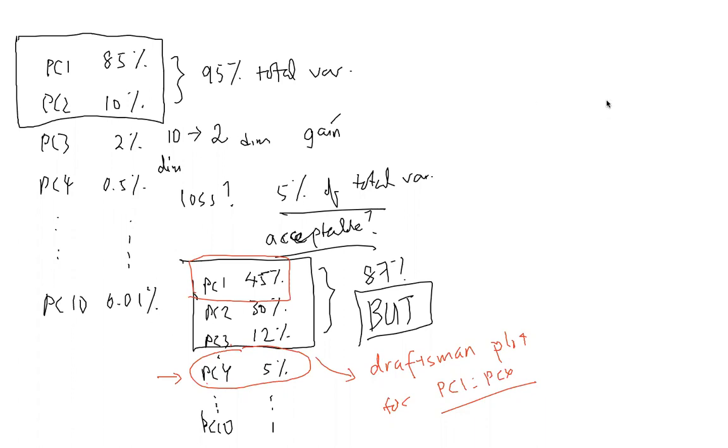So that will be the theory for Q mode PCA. Sorry, I will just talk about R mode.